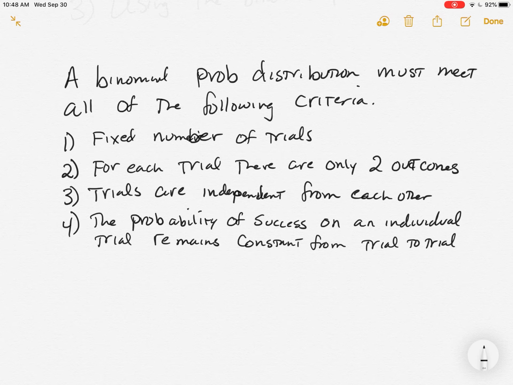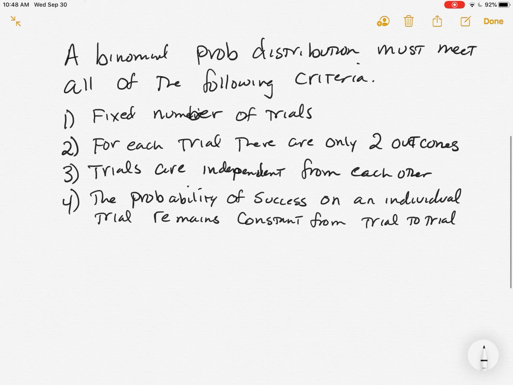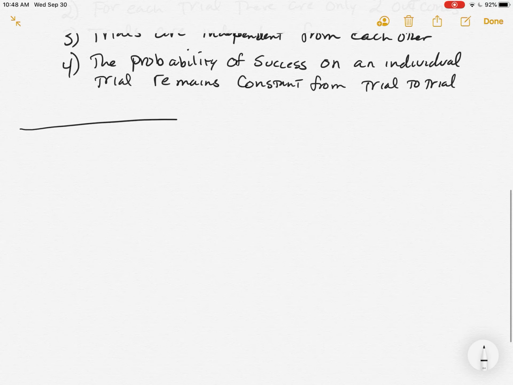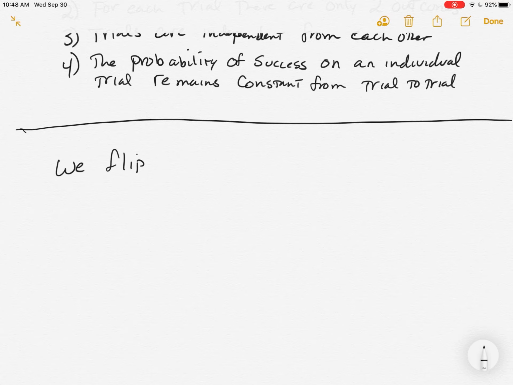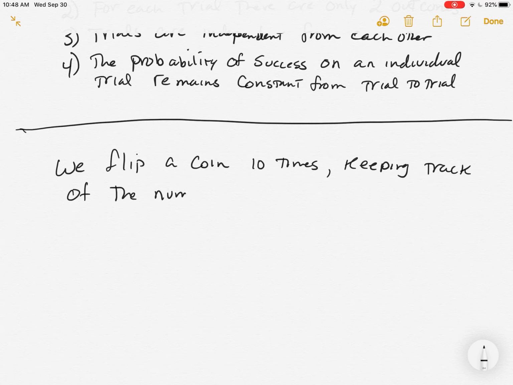So let's take a look at some settings, and we'll come back to each one of these categories. I'll just roll the screen back and forward here. So let me put a big line so I know where that definition is when I come back up. So let's suppose we do this. We flip a coin 10 times, keeping track of the number of heads obtained.